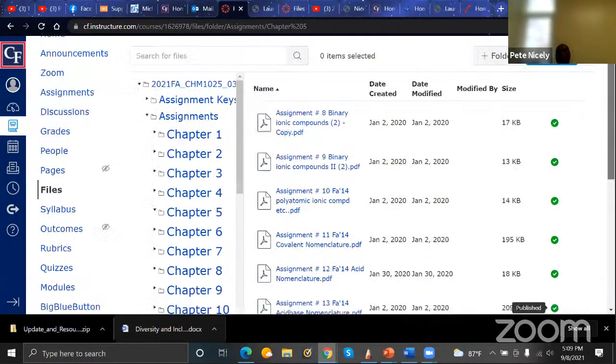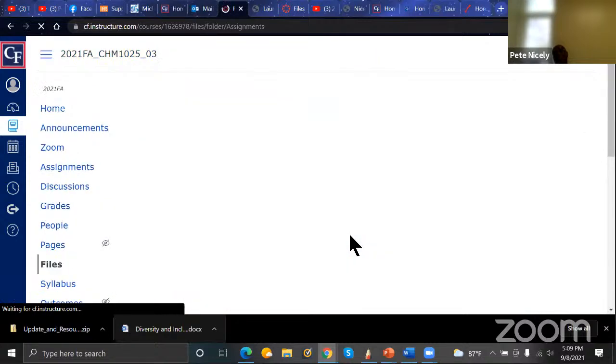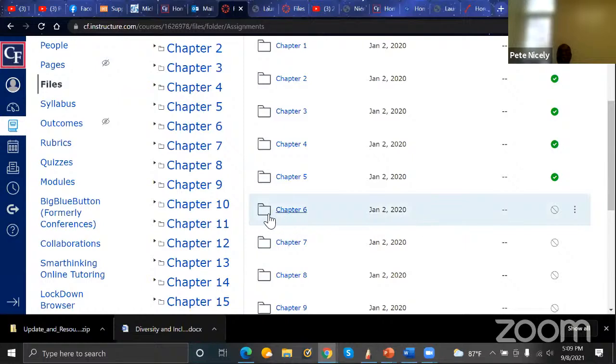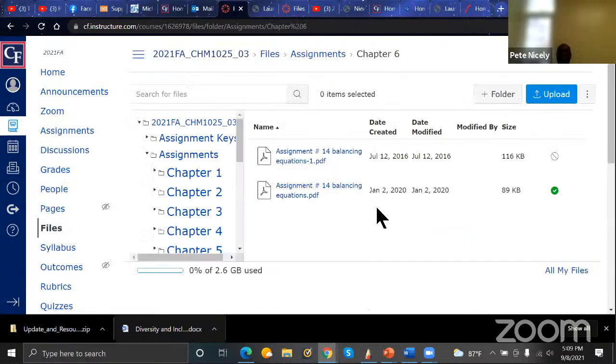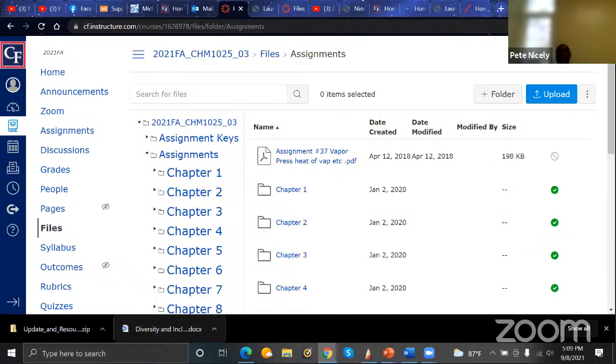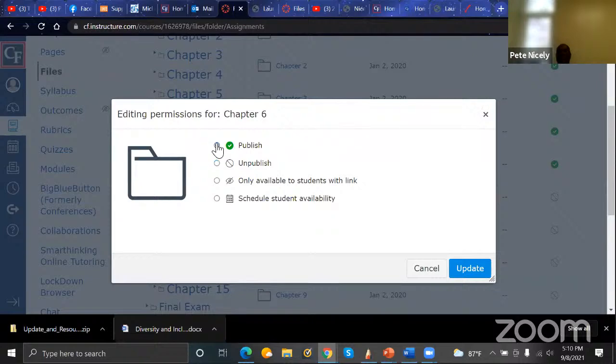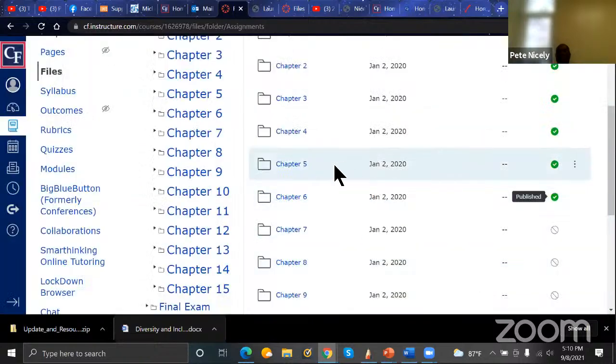And then in the case of chapter 6, there's only one assignment, and that is this one right here, which is published here, but I need to publish that folder. So as far as chapter 6 is concerned, there's one assignment, all right? So I'm going to open up the Canvas portal for you to be able to submit those assignments, and they will be due by Monday of next week, all right?